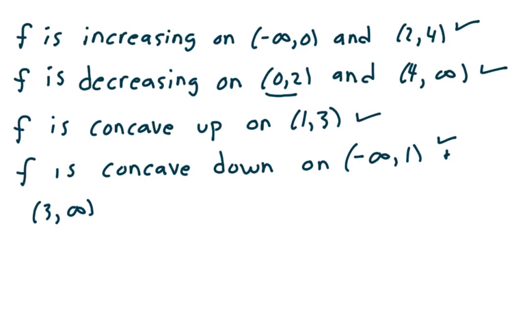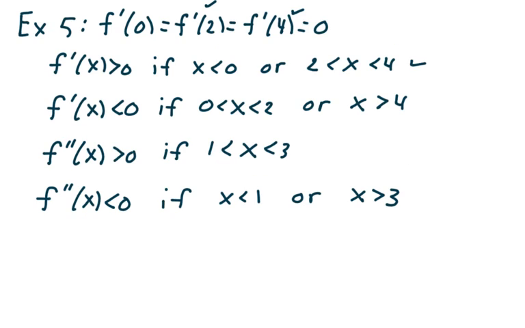And so notice how I mostly focused on 3 things for this. I focused on the fact that f prime of 0 equals f prime of 2 equals f prime of 4 equals 0. And then I focused on where the function's increasing and decreasing. I tended to worry about the concavity last. Because concavity you can change, right?